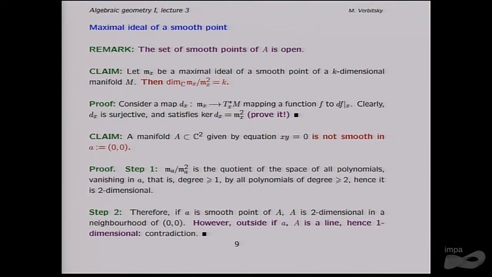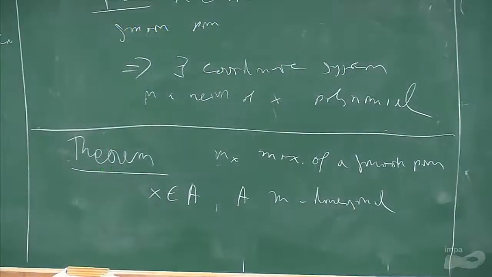So, theorem. First, if the maximal ideal m_x of a smooth point x inside A is m-dimensional, there's actually some confusion because here we consider it as real, here as complex, so the problem with dimension.